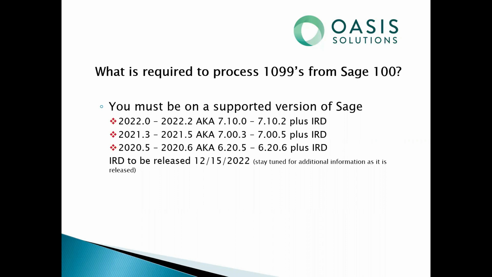So please keep an eye on your email box for important information. Sometimes those IRDs are required and everybody needs to install them. And sometimes they're only for aspects of the 1099s that your particular company might not need.